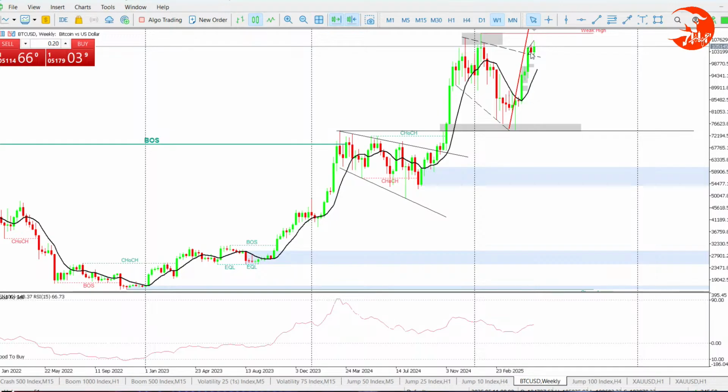Price closed outside of it, and the second candle started outside as well, and now we see it is going on. This week started as a buy right there where the candle started.